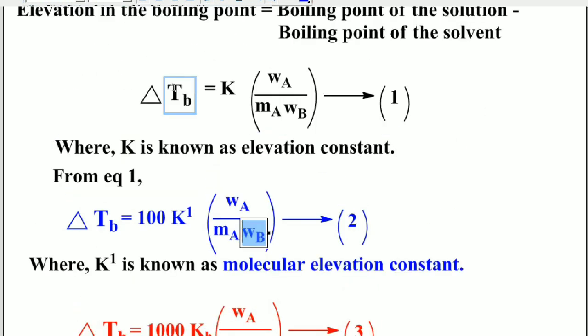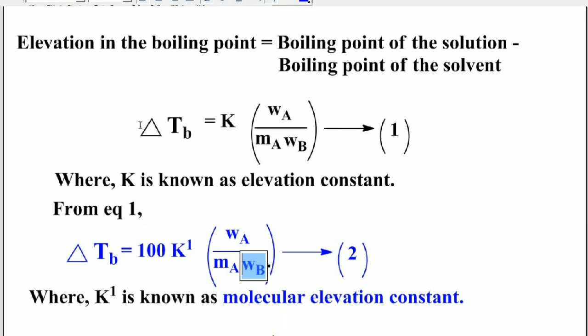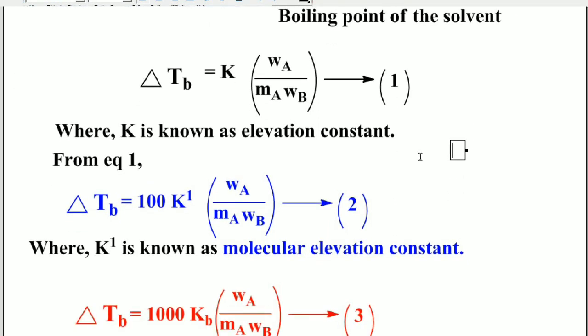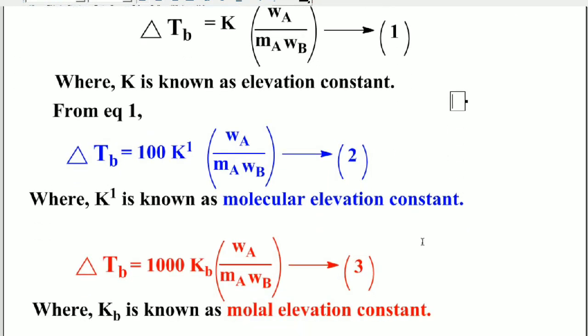The general formula for elevation in boiling point is delta Tb is equal to K into Wa by Ma into Wb, where K is known as an elevation constant. So you should remember these three formulas by heart to solve numerical problems on elevation of boiling point.